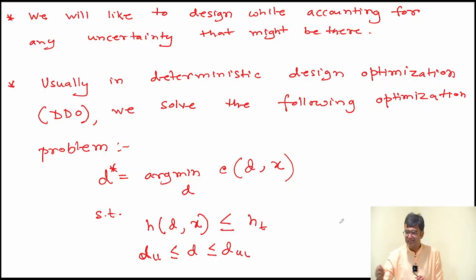So this constraint function, you will convert it into a reliability constraint. The probability that H is less than this is greater than some target reliability or something like that. Right? So this constraint part will be converted into a reliability constraint, and the bound will remain as it is. The idea is simple.